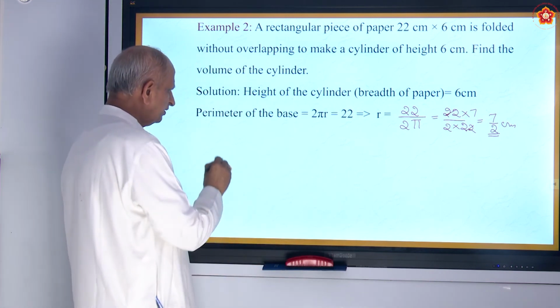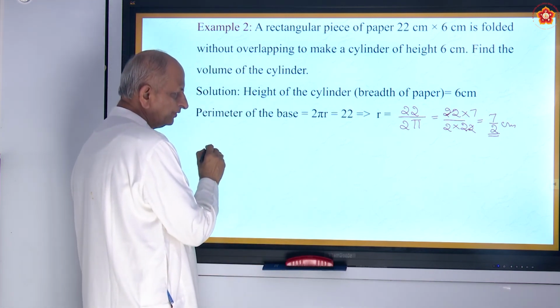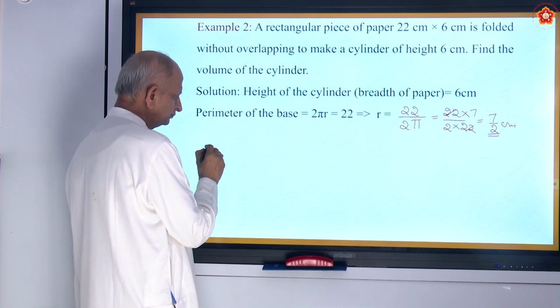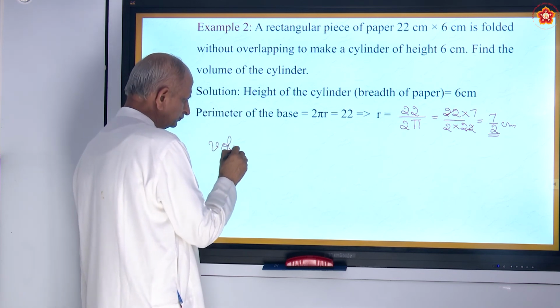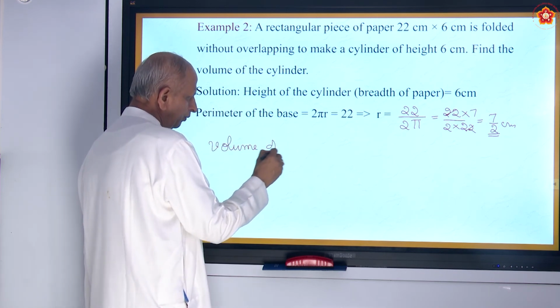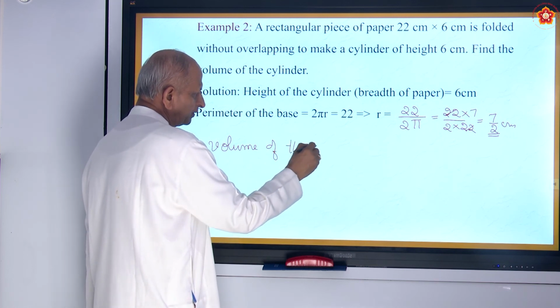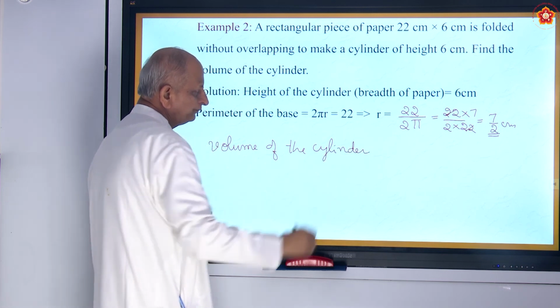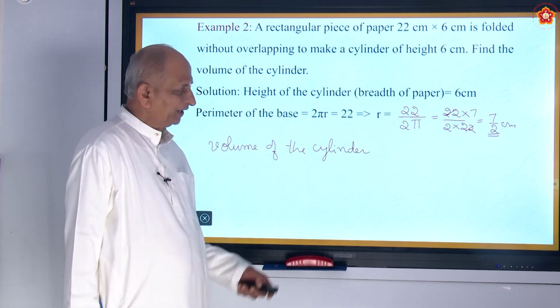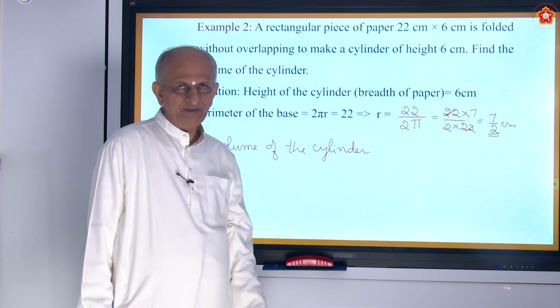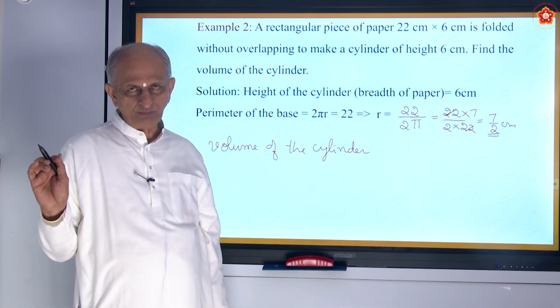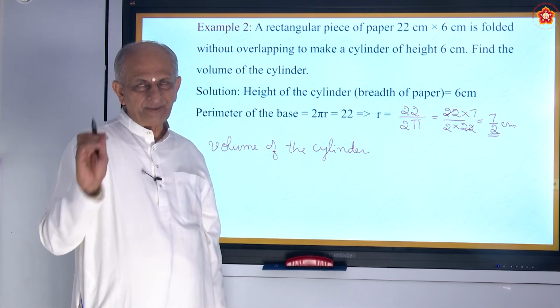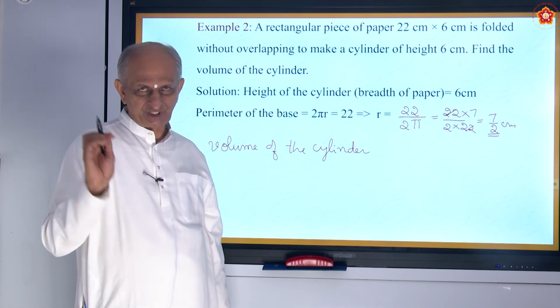Now you have to find the volume of the cylinder. You may ask, how do you know that? When you know the formula for volume, what is the formula? Pi into r square into h.